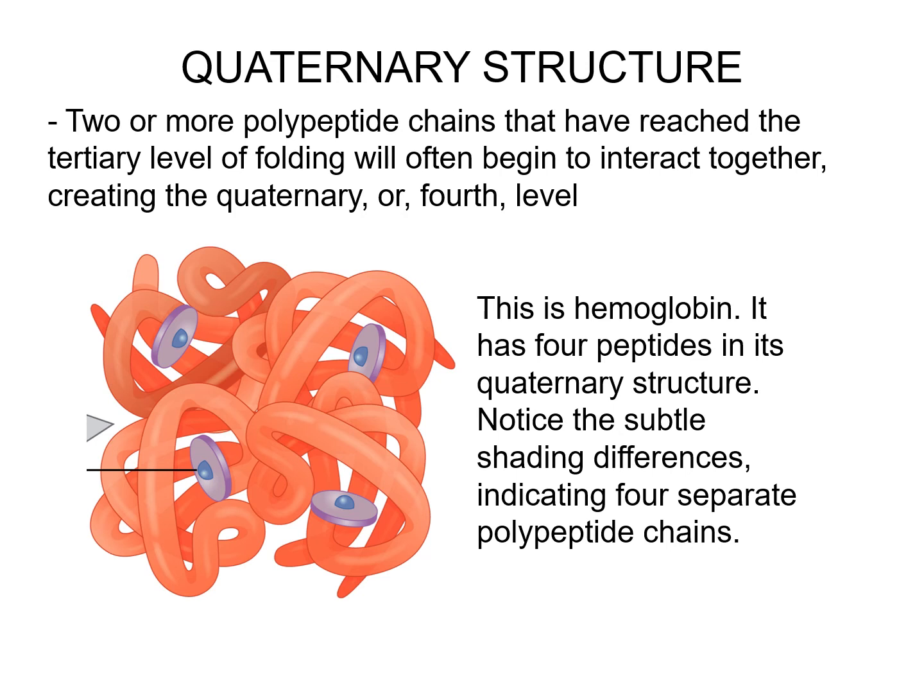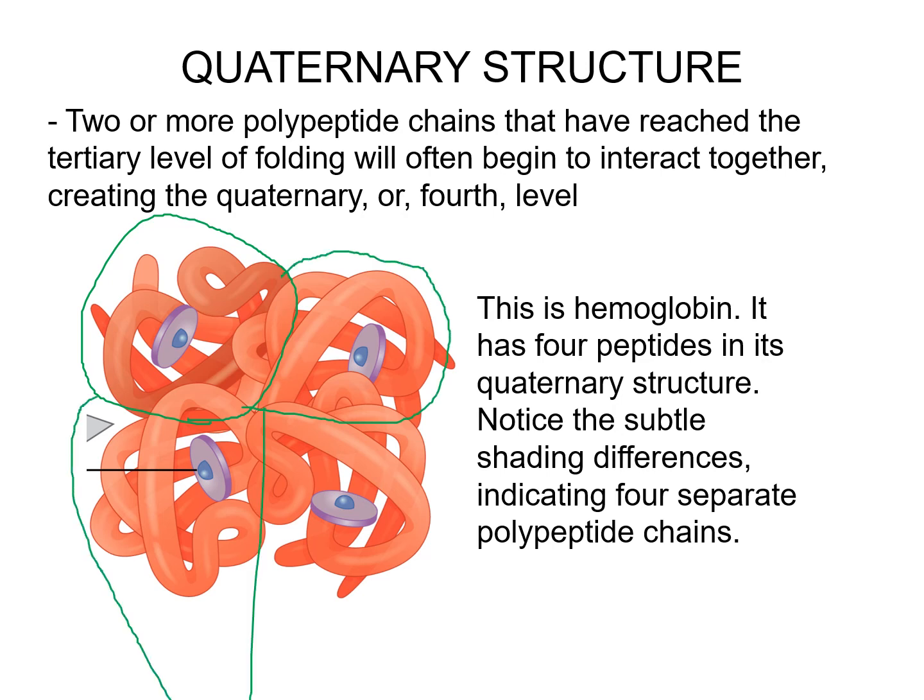If you take a look at these little purple frisbee looking things, you can kind of separate it. So that would be 1 tertiary folding, that would be 2, sorry, that would be 3, and then this would be a 4th one. So what we have is a complete protein here, but it's really 4 separate proteins all combined and glued together to make this big protein.